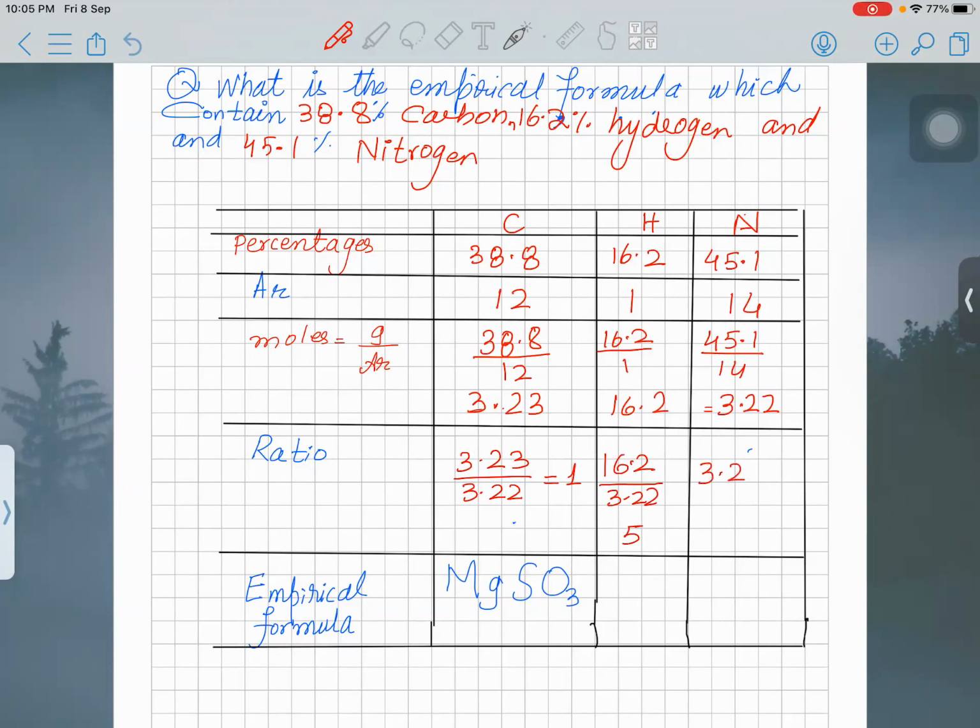So 3.22 divided by 3.22 means 1. What would be the formula? CH5N. Now this is correct.